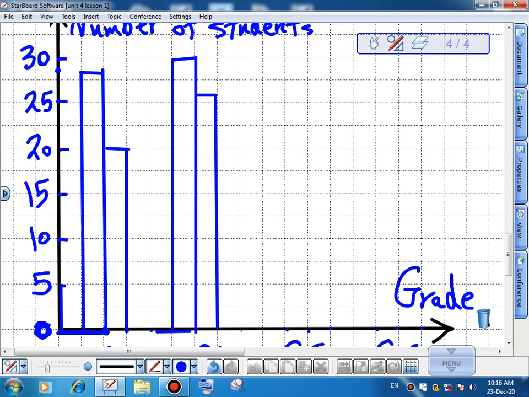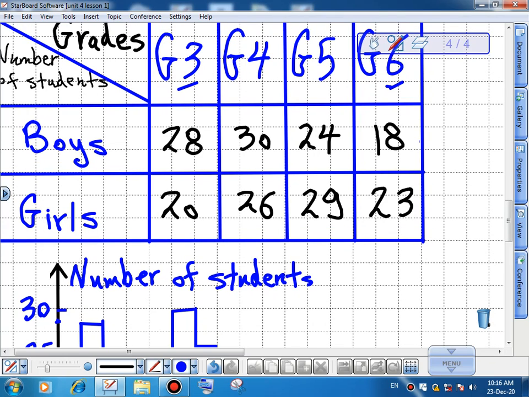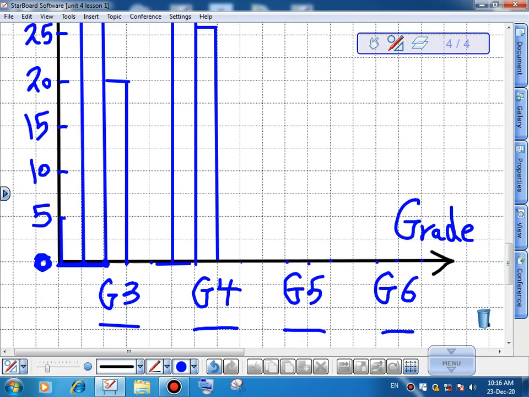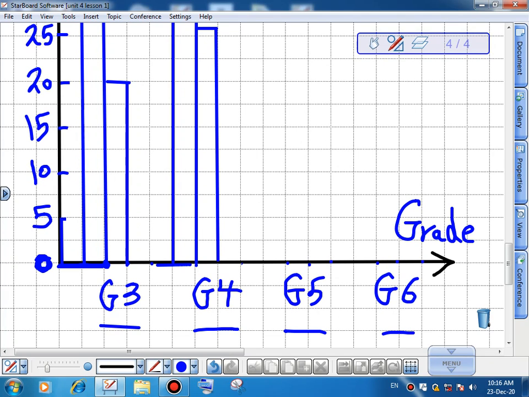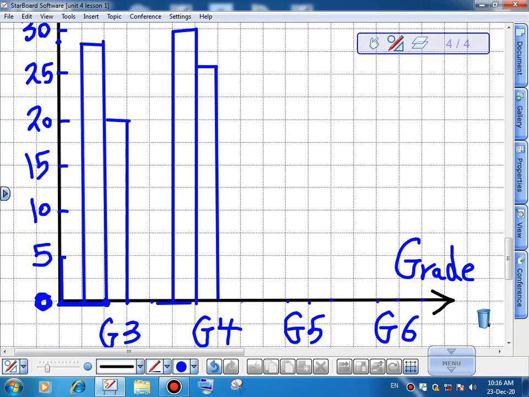The next one, grade 5, we have 24 boys and 29 girls. The boys are less than girls, so we start from boys, from 0 to 24. We have 25 and before it 20, so 24 will be just before 25, like this, with your ruler and your pencil.